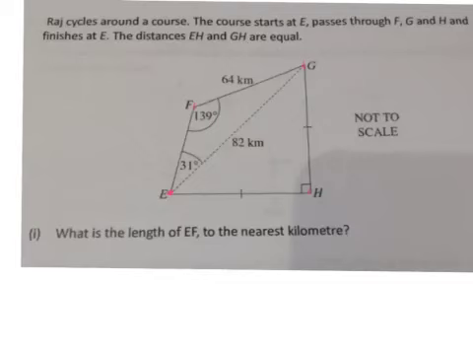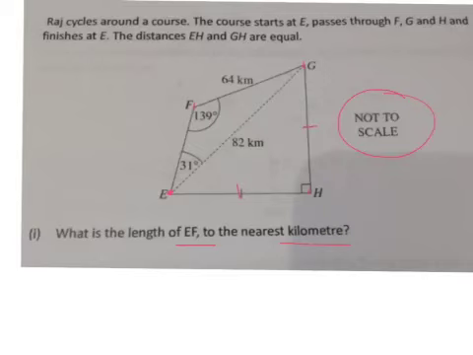It finishes at E. The distance EH is equal to GH, and the diagram is not to scale. The question is asking you what is the length of EF, to the nearest kilometer.